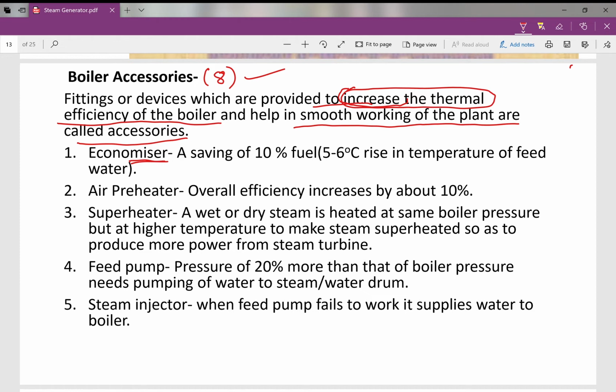Dear students, we supply two things to the boiler. First one is water and then air. In case of water, take two cases: hot water is supplied to the boiler and cold water is supplied to the boiler.